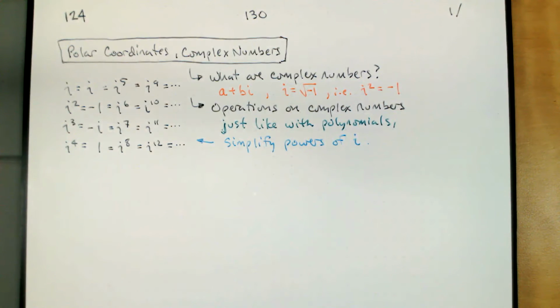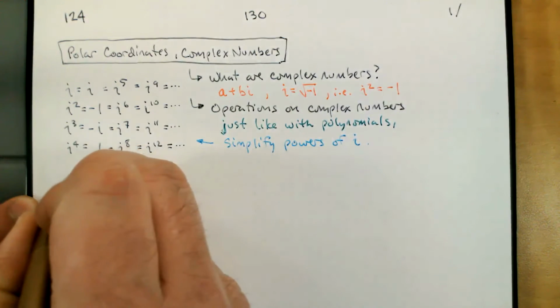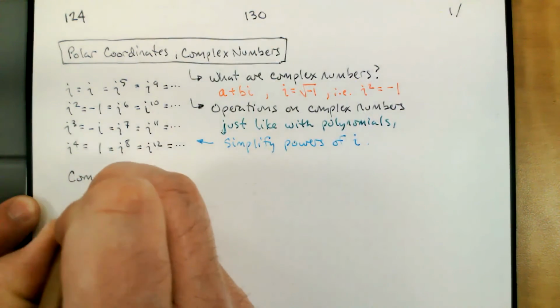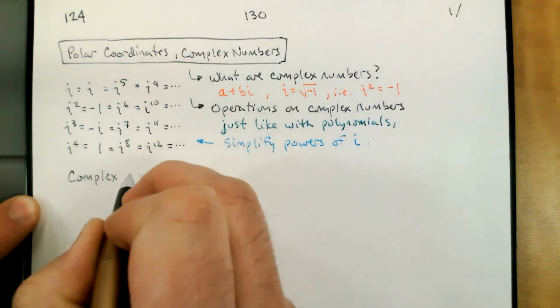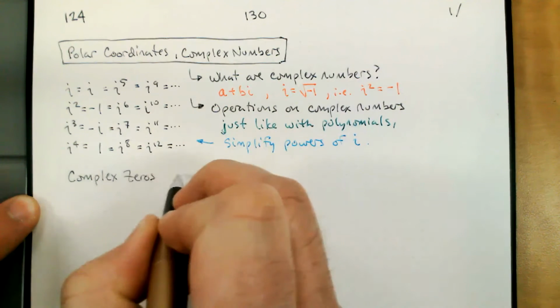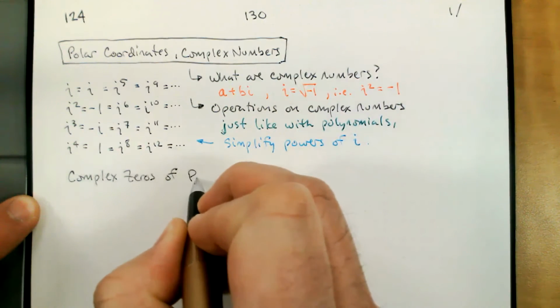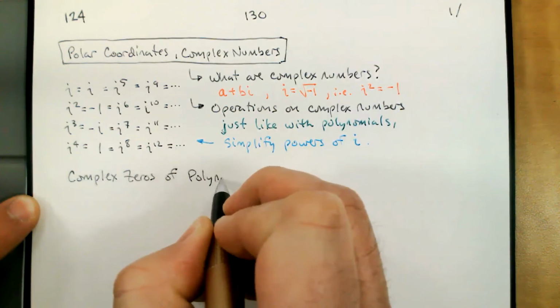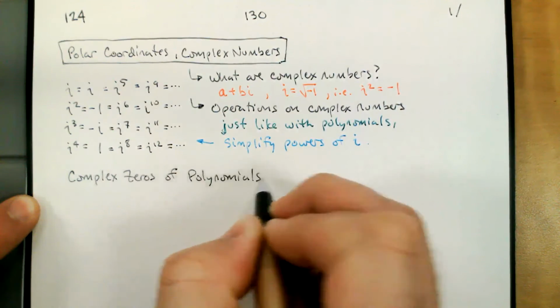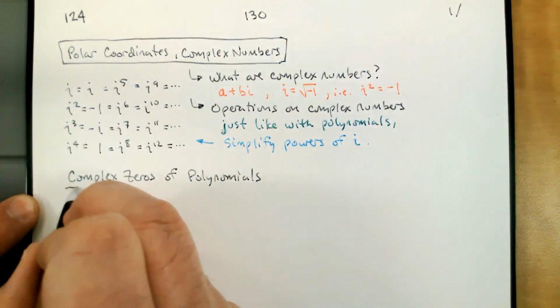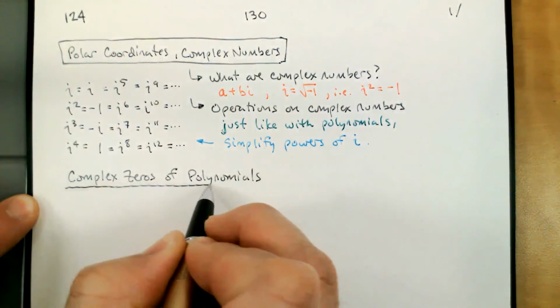We can talk about where complex numbers come from. So today we want to talk about that. We want to talk about complex zeros of polynomials.